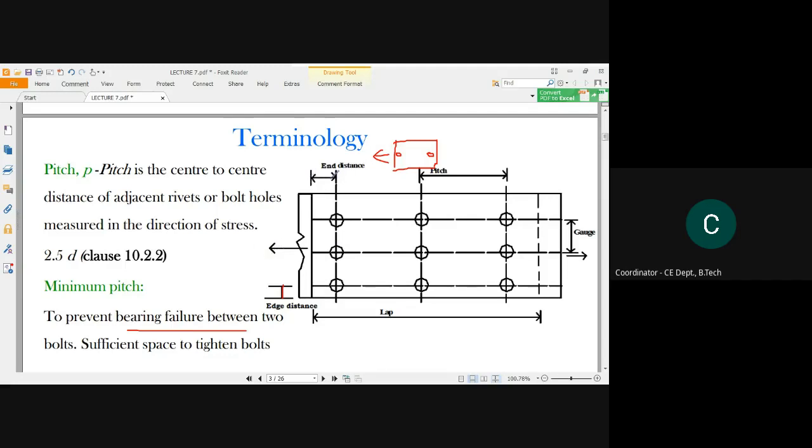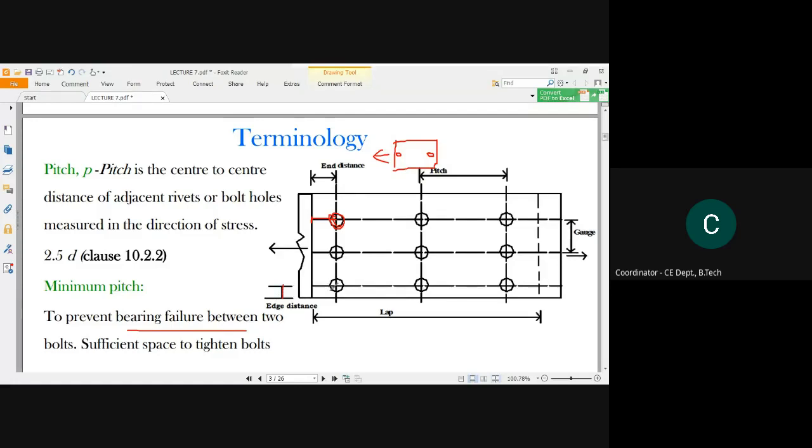The end distance lies parallel to the stress direction, and it is the distance from the last bolt hole to the lap distance. And what is edge distance?